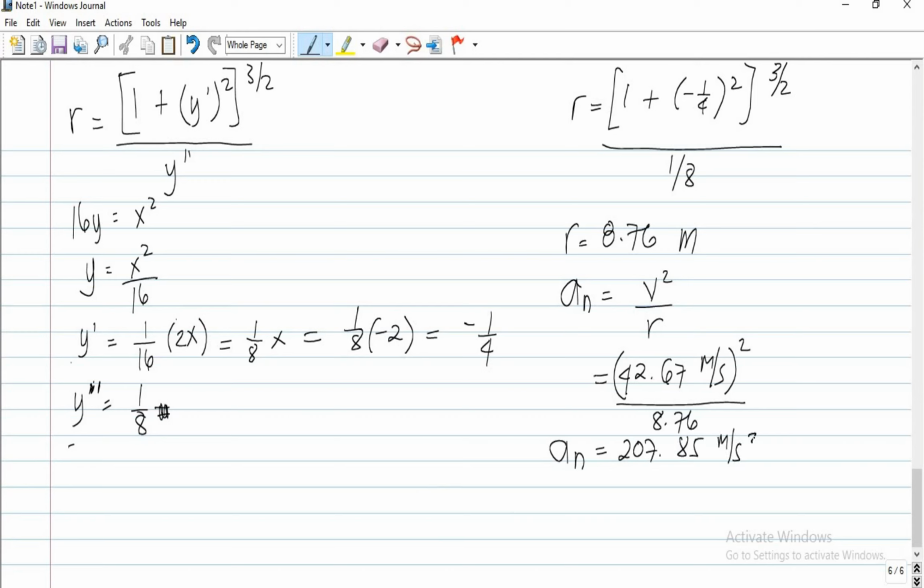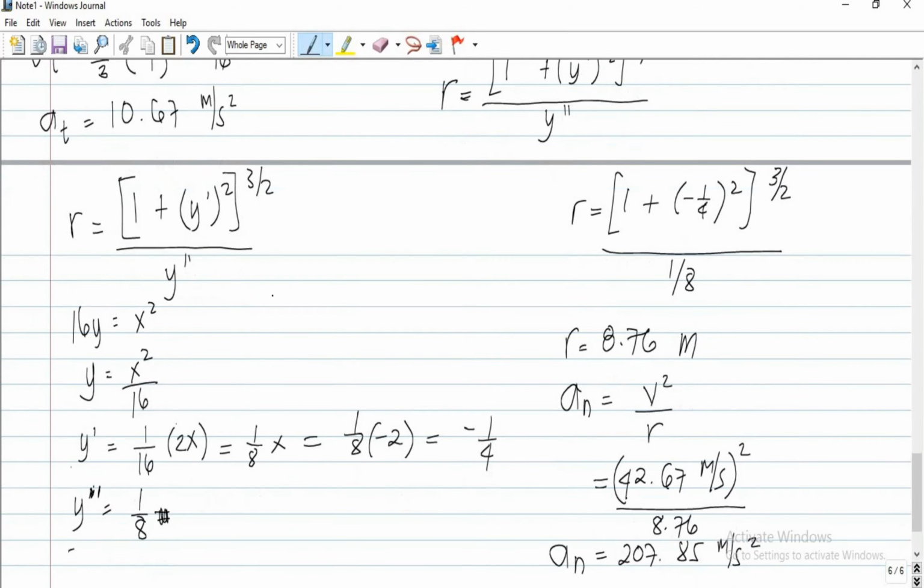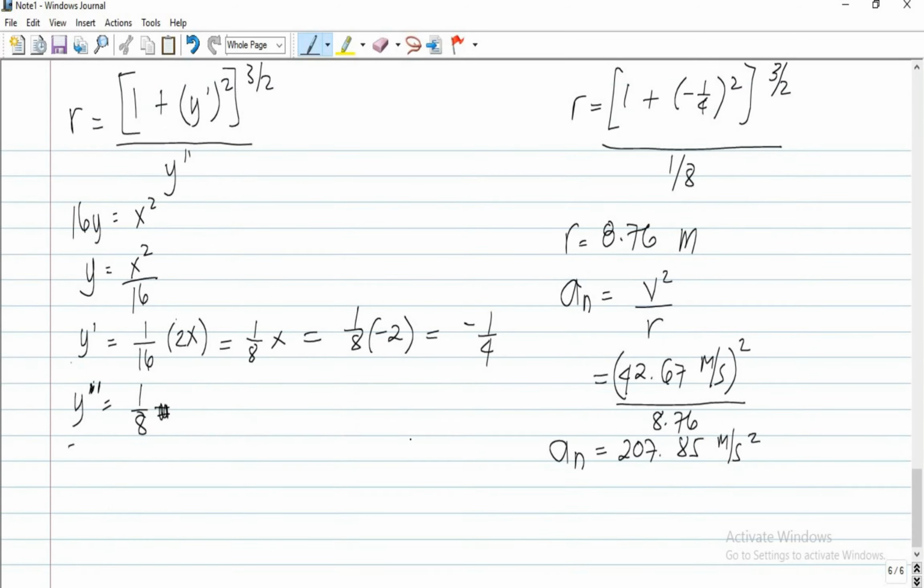meter per second squared. Again, nasolve natin kanina yung at, that is 10.67. So if I'm going to solve now for my A, that is equal to the square root of 10.67 squared plus 207.85 squared.